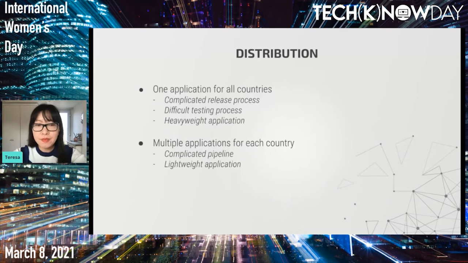Last one, distribution. Remember, how you write your project isn't the same as how you distribute it. While the code is maintained in one place, you have options for how you bundle it. And there are pros and cons. You can bundle one app for all countries, but then the release process is complicated.